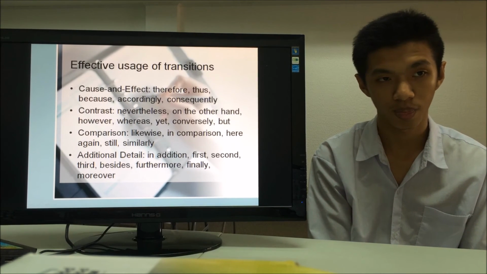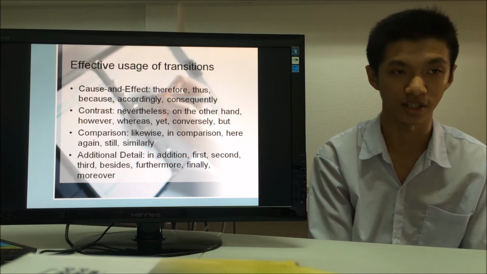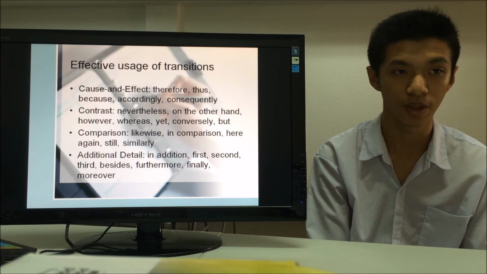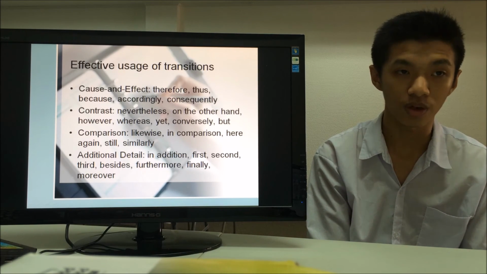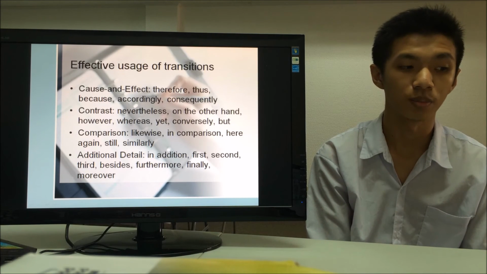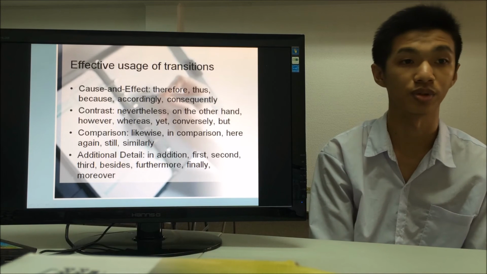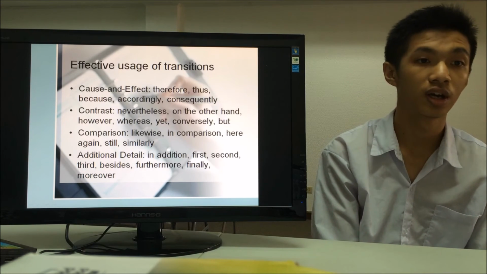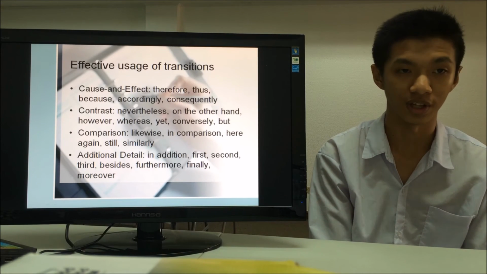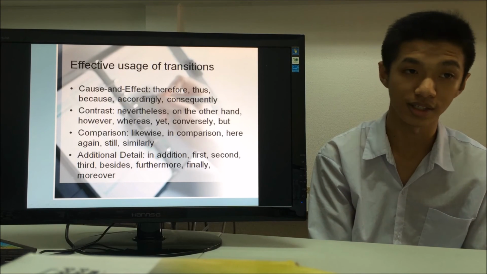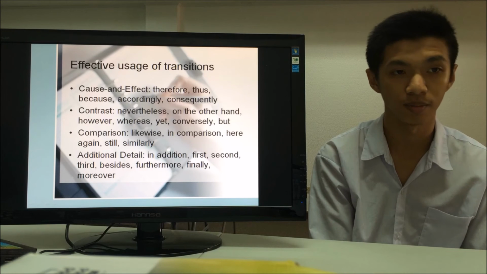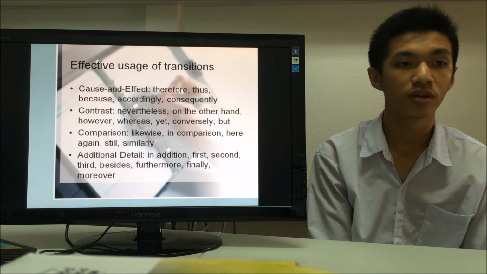Effective usage of transitions. First, we have the cause and effect as an example. Therefore, thus, because, accordingly, and consequently are examples of cause and effect transitions. For the contrast, we have nevertheless, on the other hand, however, whereas, yet, conversely, but.